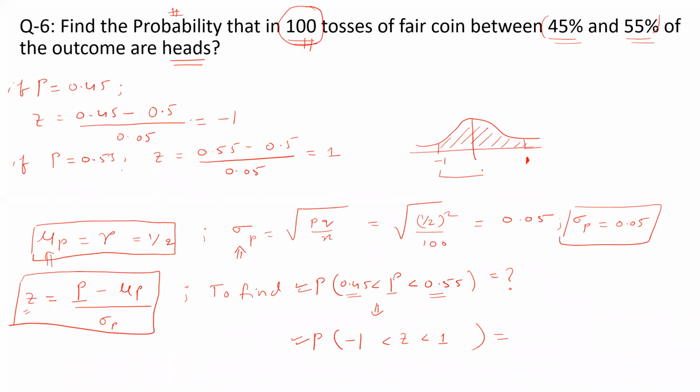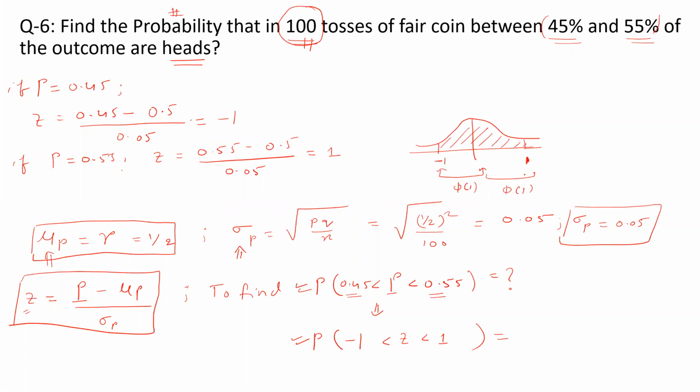You have to add this part, which is the area of 1, and also add this portion, which is also an area of 1. Negative 1 just shows the left-hand side or right-hand side. Negative means left-hand side, positive means right-hand side. But whenever you want to write the area, it will be 1 only.